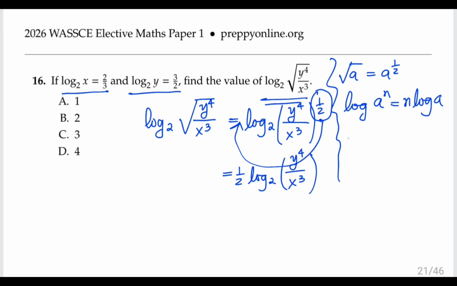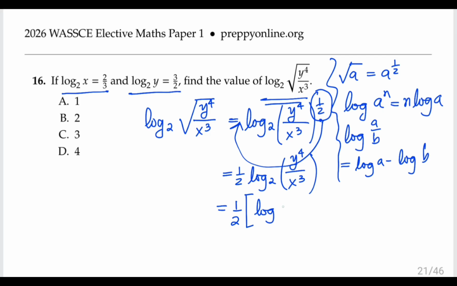We also have this rule of logs: log of A over B is the same as log of A minus log of B. So what it means is that we have this half, this log of y to the fourth, it becomes this minus log of x to the third. All right.